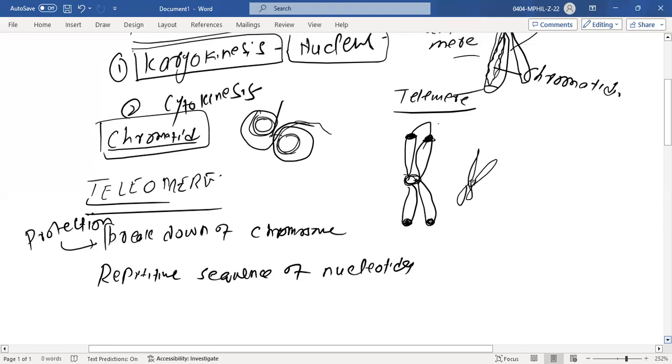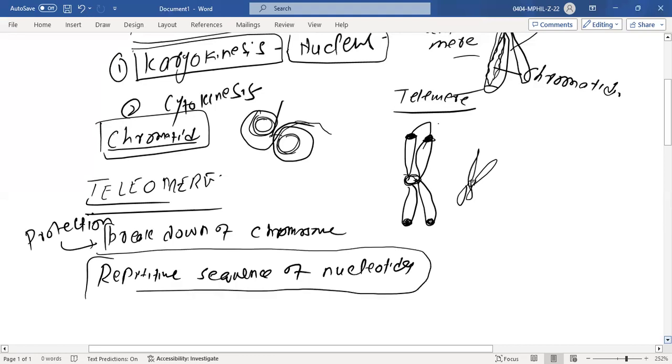Telomere protection, because this is a repetitive structure. The number of nucleotides present here, just in a way that shows how it can protect. This breakdown can be caused by any external factor.